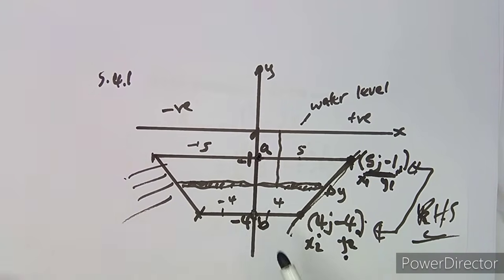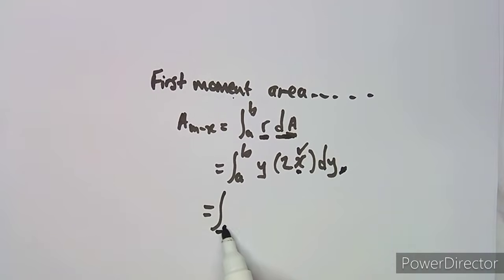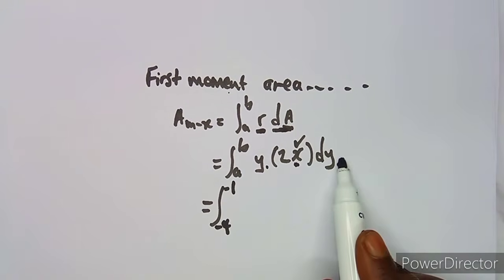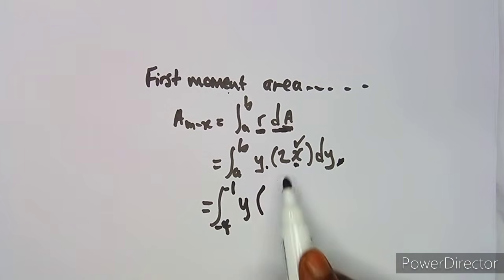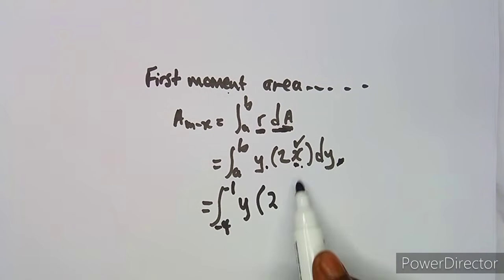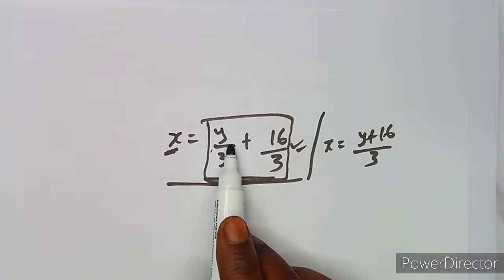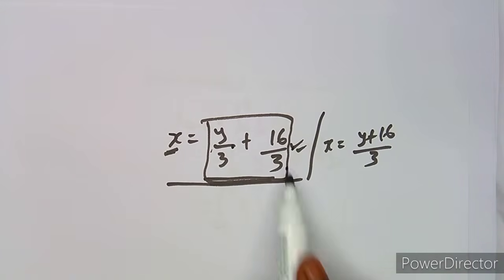Remember that. All right, so we are going to have -4 to -1, and y is representing just a normal variable, which is the perpendicular distance. So it's going to be y like that, remains as it is. Then 2x, that's 2 by x. What is our x, guys? This is our x here, y over 3 plus 16 over 3.